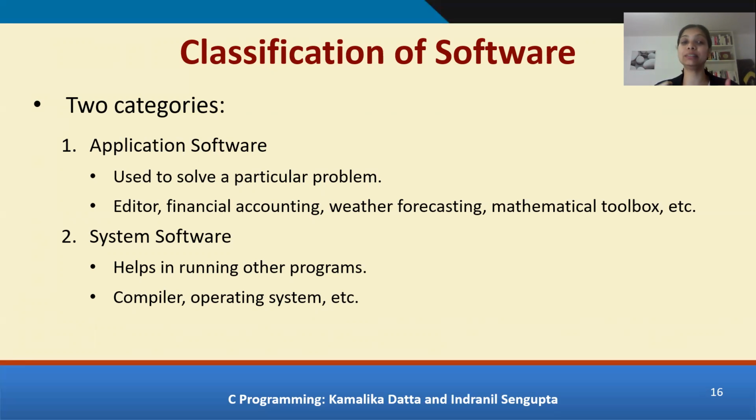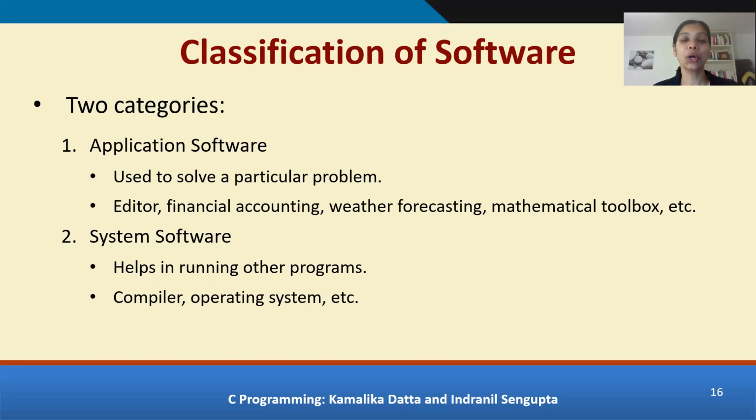When we talk about system software, just think: if you have a computer with the processor, the memory and all other components, but you do not have the operating system, then what will you do? You will not even be able to switch on this computer, because there is no way the user can interact with the hardware of the computer, right?